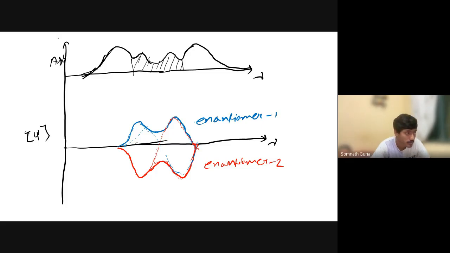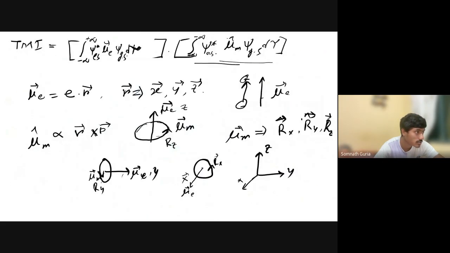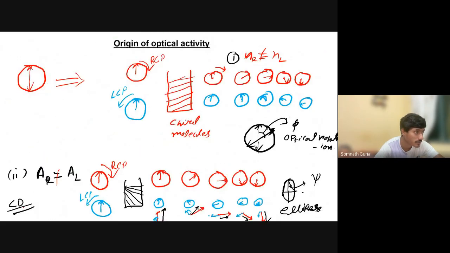So far we have covered how CD spectra look. Now in that session we covered how the origin of optical activity comes into chemistry, at the molecular level.